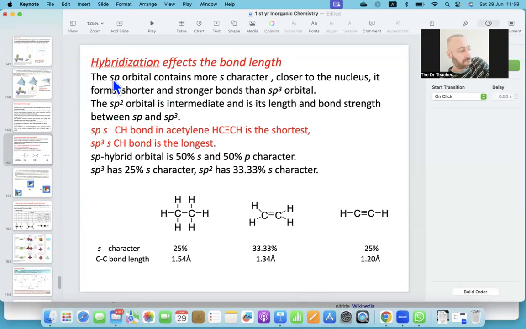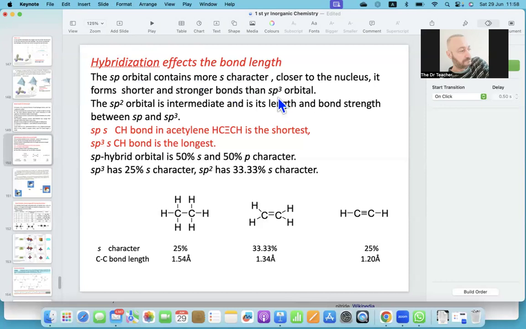So why did we start with sp3, sp and sp3? It's just to compare that sp has a shorter bond length and is stronger than sp3. Don't forget, both of them have single bonds.